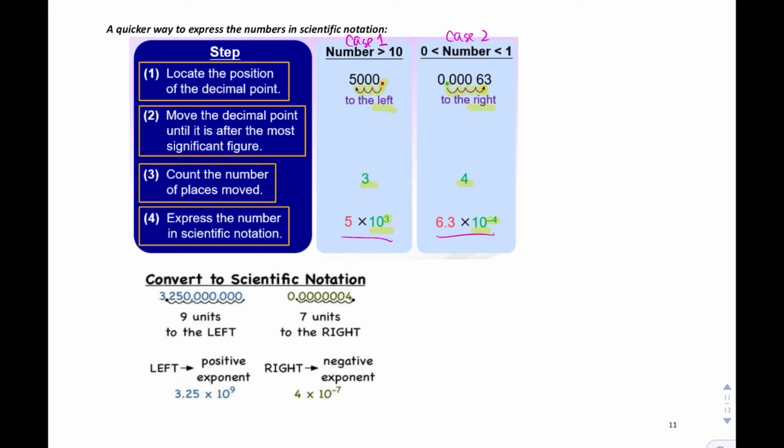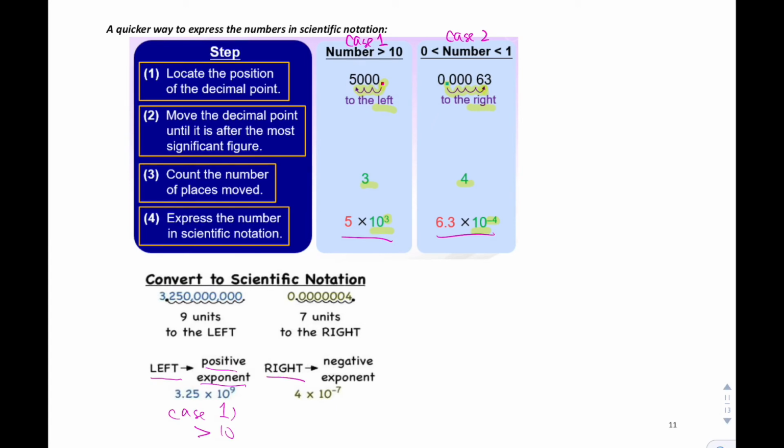So here we have a summary. When we move the decimal point to the left, then we obtain a positive index or exponent. And this is case 1, when the number is greater than 10.